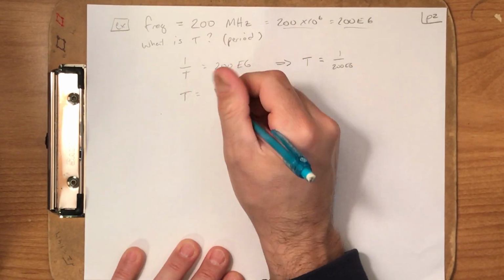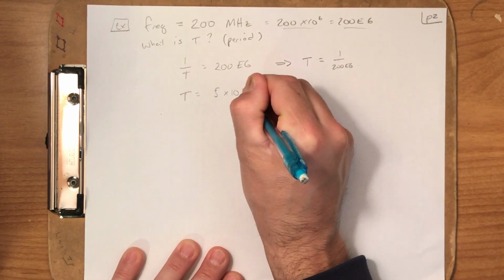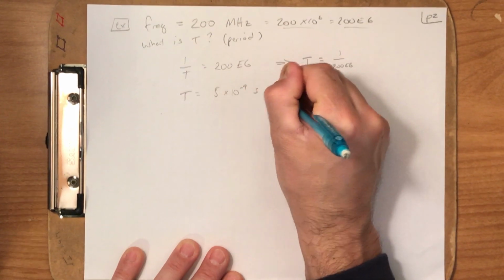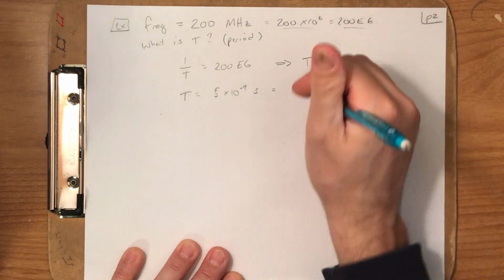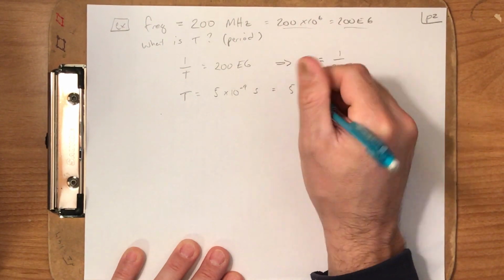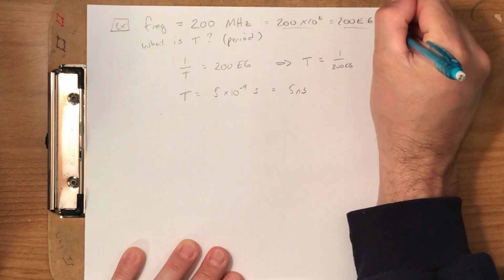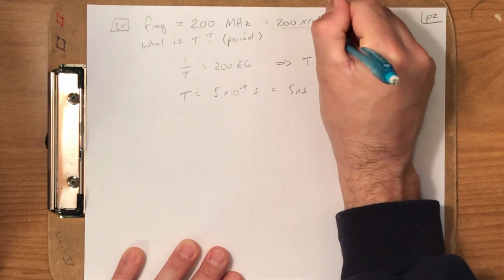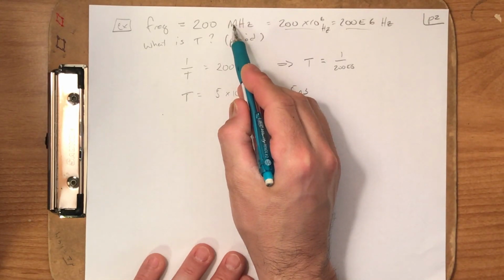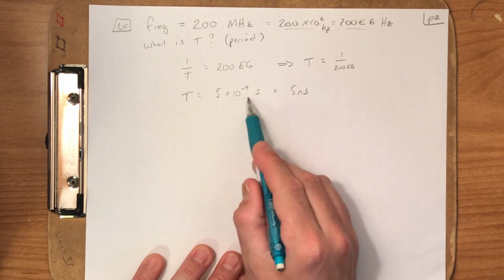And T is equal to 5 times 10 to the -9th seconds, which is equal to 5 nanoseconds. I should have said that this is hertz up here. Got rid of the mega. So that M, megahertz, refers to 10 to the 6th. So nano is 10 to the -9th.